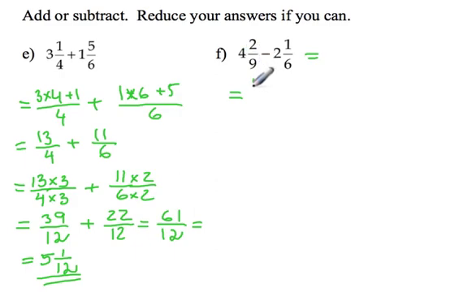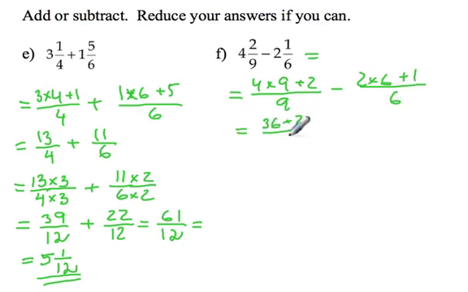4 times 9 plus 2 over 9, and 2 times 6 plus 1 over 6, equals 36 plus 2 over 9 minus 12 plus 1 over 6, equals 38 ninths take away 13 sixths.